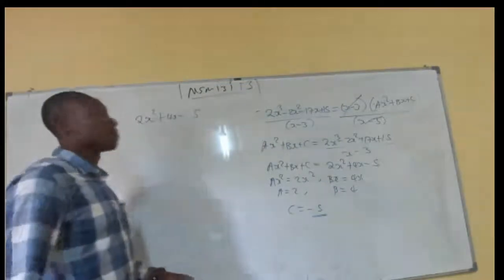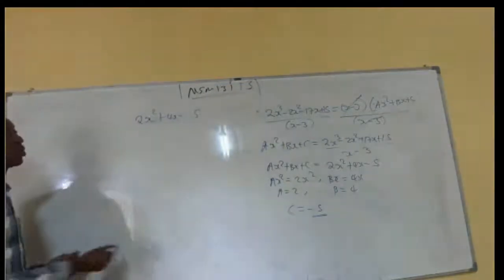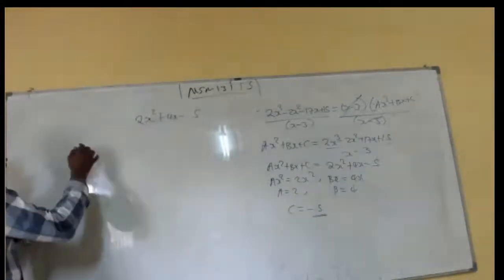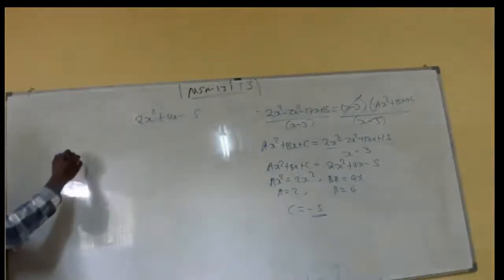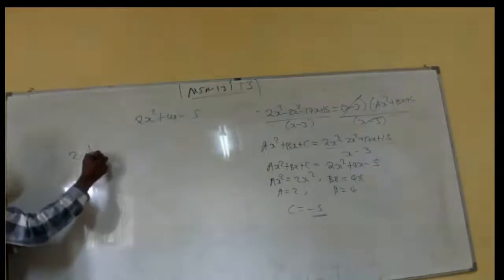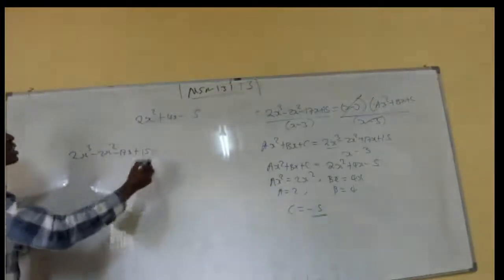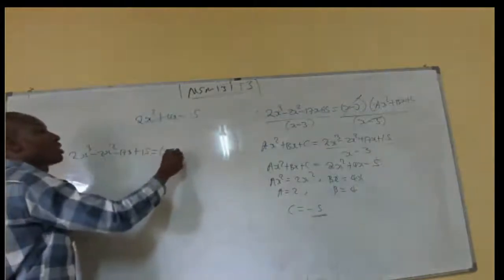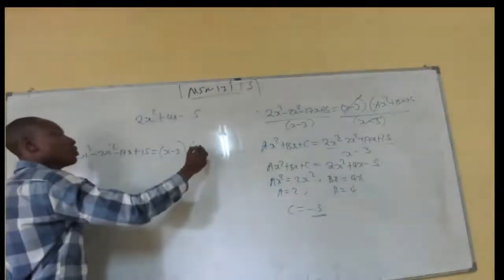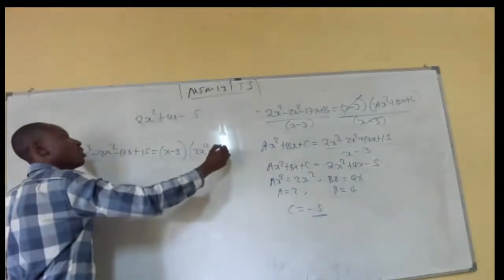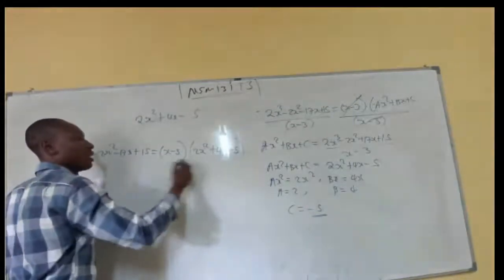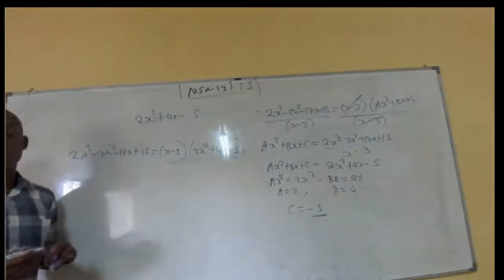So overall, we can conclude that 2x cubed minus 2x squared minus 17x plus 15 is actually equal to x minus 3 multiplied by 2x squared plus 4x minus 5. Okay, so I've written it in that form.